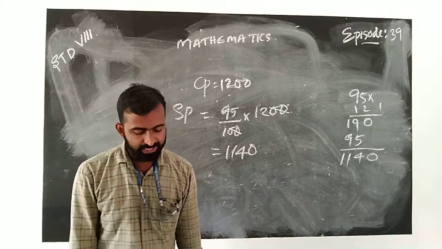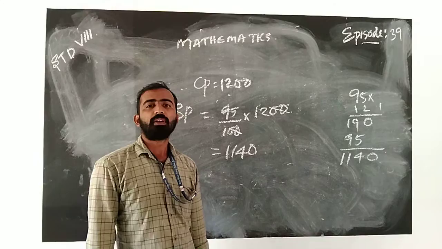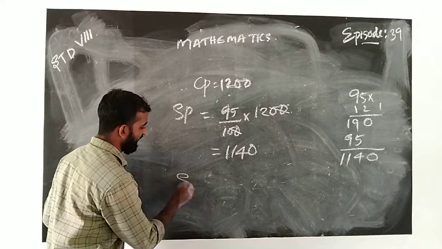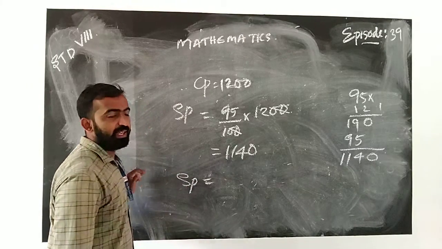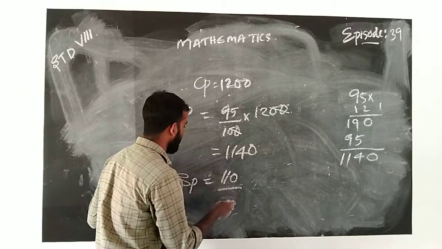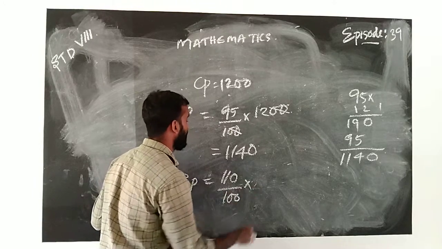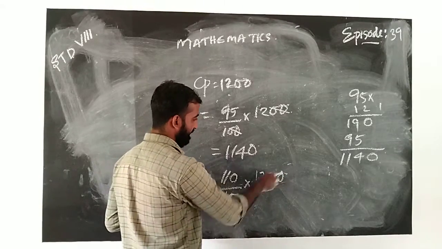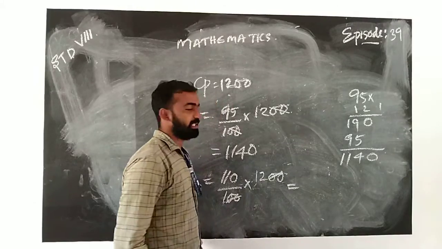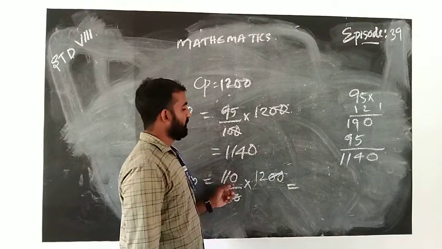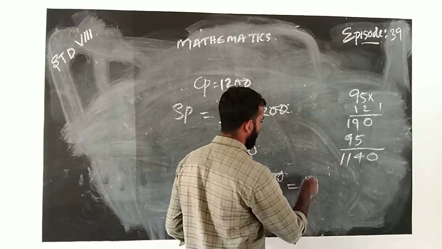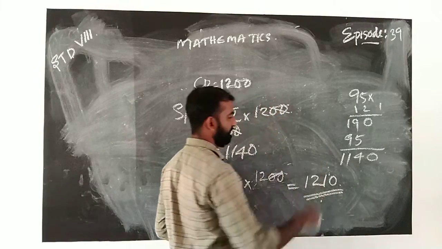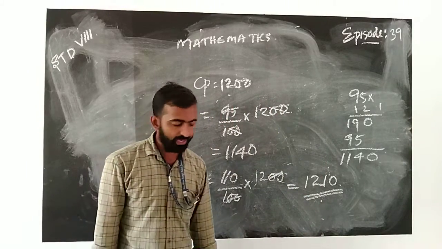The first fan's selling price is 1140 rupees. The second fan is sold at a profit of 10%, that is SP equals 110 by 100 into 1200.